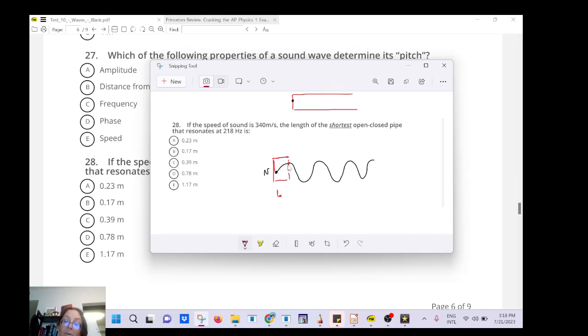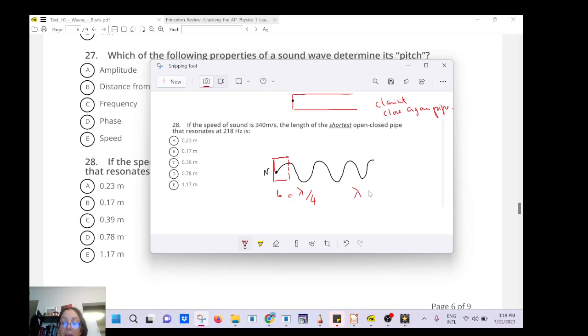You can fit the first harmonic inside, or the fundamental. So we work about that a lot, right? So that will be a clarinet, for example, or a closed organ pipe. So that length here will be a quarter of a wavelength. Okay, so we want to find the wavelength.